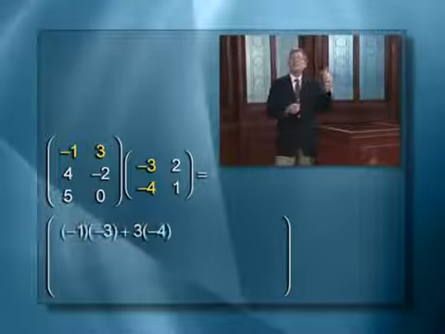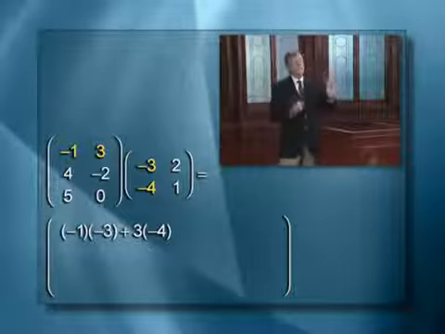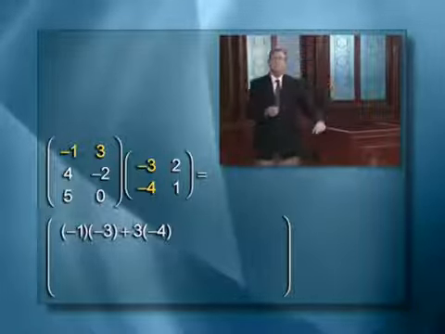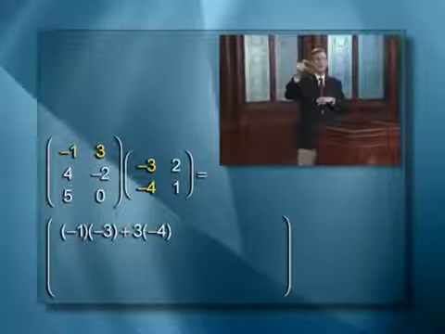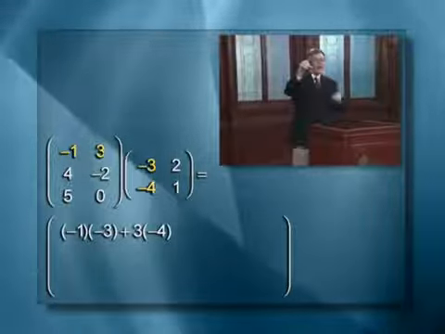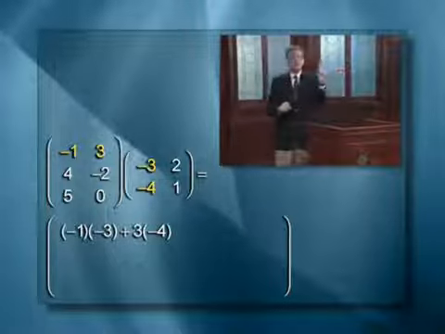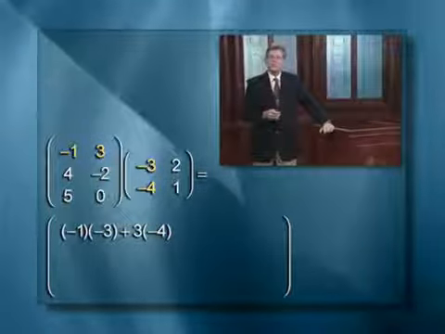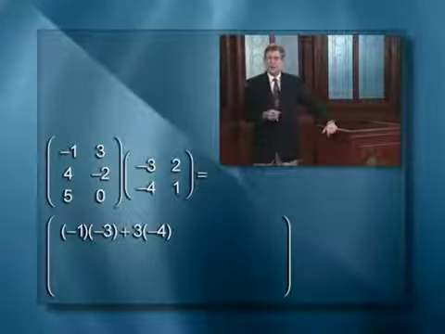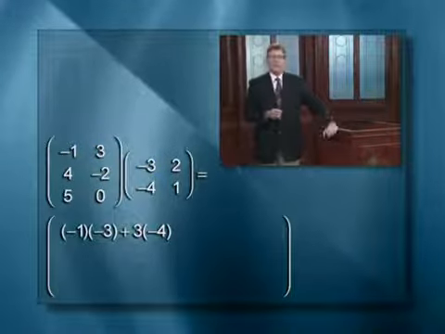It's minus 1 times minus 3 plus 3 times minus 4. You see how that works? I go across the first row and down the first column. Minus 1 times minus 3 plus 3 times minus 4. And then you figure out what that number is, and that's the upper left-hand entry.